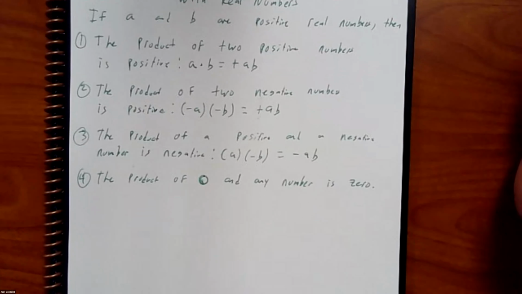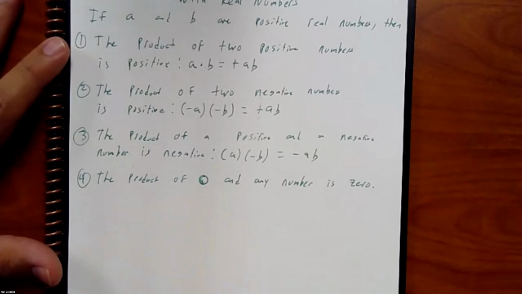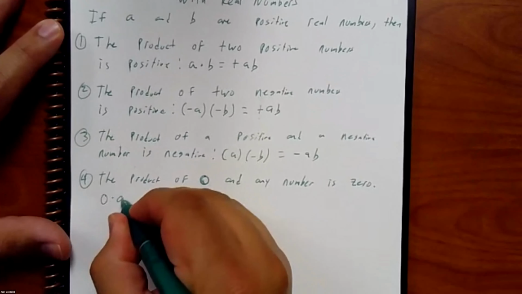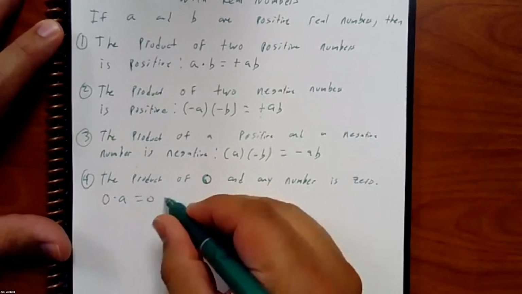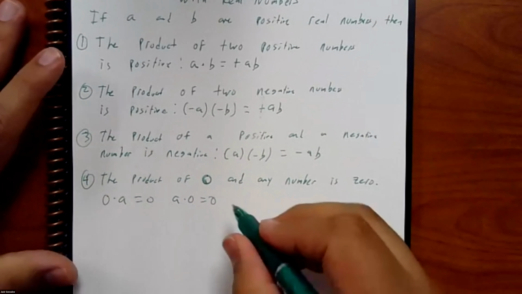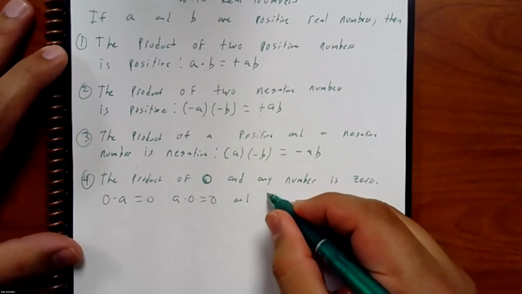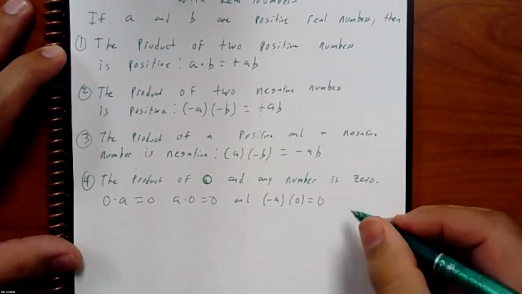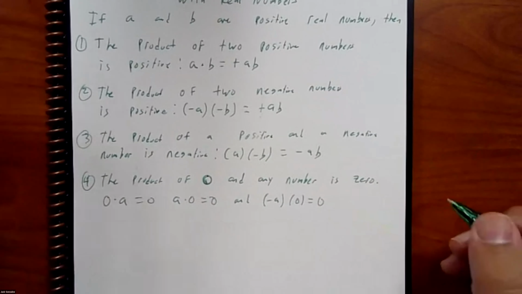And that's something we should know. Zero times A is zero. A times zero is zero. And negative A times zero is zero, etc.